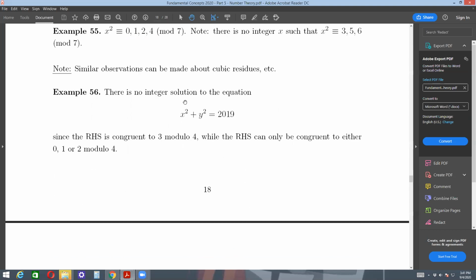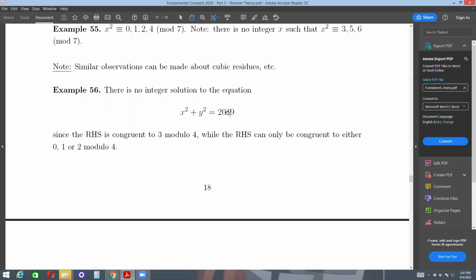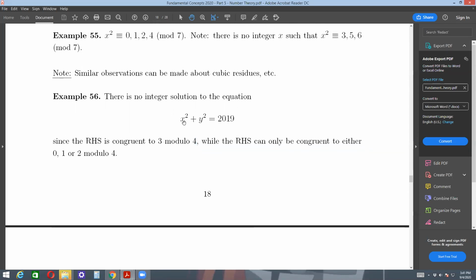So you can look at this equation here: x squared plus y squared is equal to 2019. Note that if you consider mod 4, this is congruent to 3 mod 4. Is it possible to add 2 perfect squares and get a number that's congruent to 3 mod 4? The answer is no, because x squared could only be congruent to 0 or 1, and y squared, again, could only be congruent to 0 or 1.